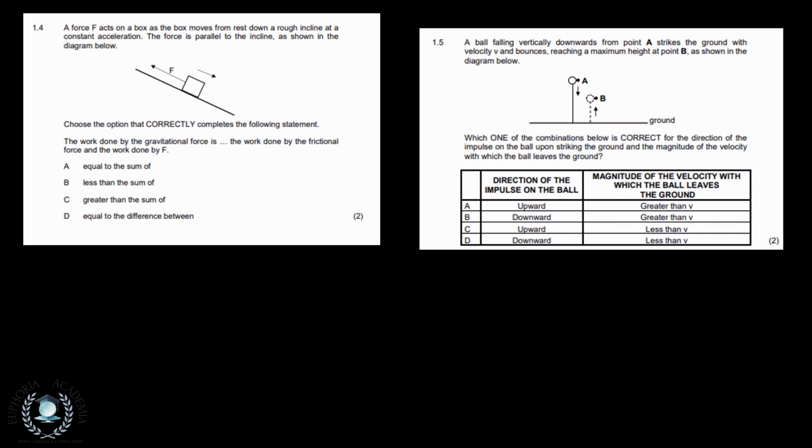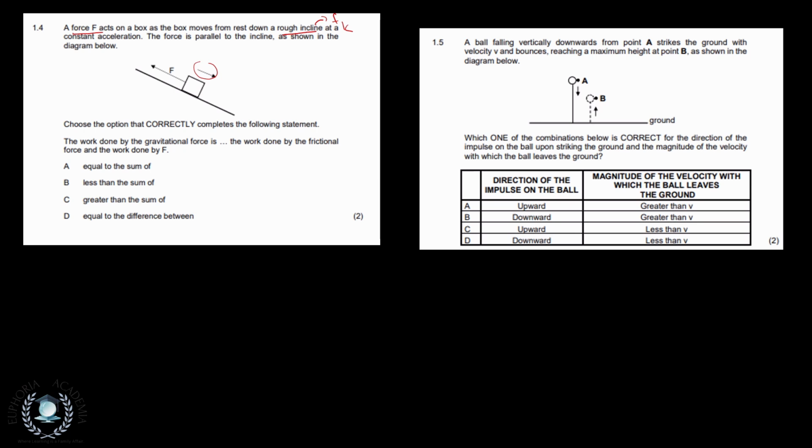Alright, so the box moves from rest down a rough incline, so we can already assume that there is some sort of friction, and if there's movement, we have kinetic friction. And the force F, we don't really know where this force F is coming from, but we're told that there's a force F, and this arrow indicates that there is motion down this incline.